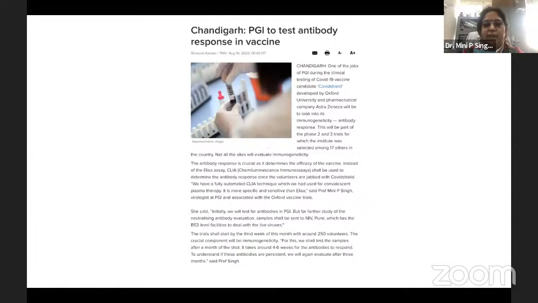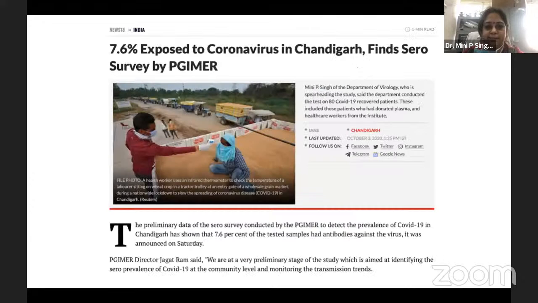In Chandigarh, with the help of Dr. Madhu Gupta, who is the PI, we are conducting this Covishield vaccine trial. The response to these vaccines is being assessed using an ELISA platform as well as the CLIA platform, which is available with us. This platform is also being used to identify the population of Chandigarh who have been exposed to the virus.